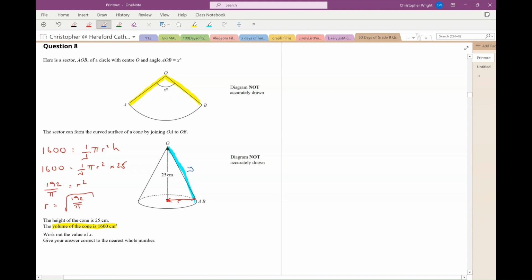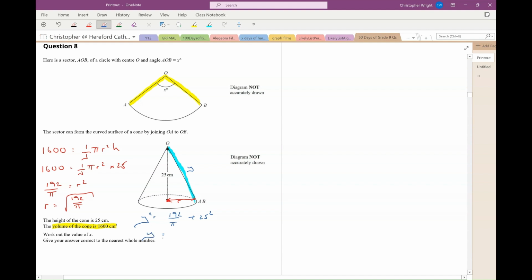Okay, right, so y squared is going to be r squared, which is 192 over pi, square rooted, squared, plus 25 squared. So all I have to do on my calculator is 192 divided by pi equals, add on 25 squared equals, and square root my answer.